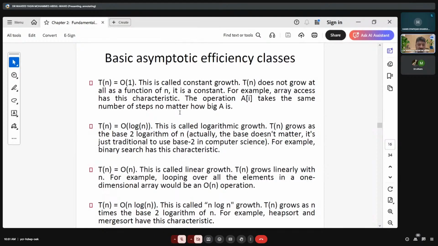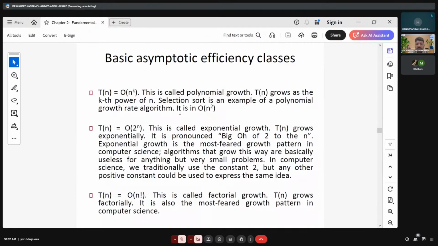It is n log n. What is the big O complexity of bubble sort? Bubble sort is n power 2. T(n) equals O(n power k) is called polynomial growth. T(n) grows as the k power of n. Selection sort is an example of a polynomial growth rate algorithm, O(n power 2).